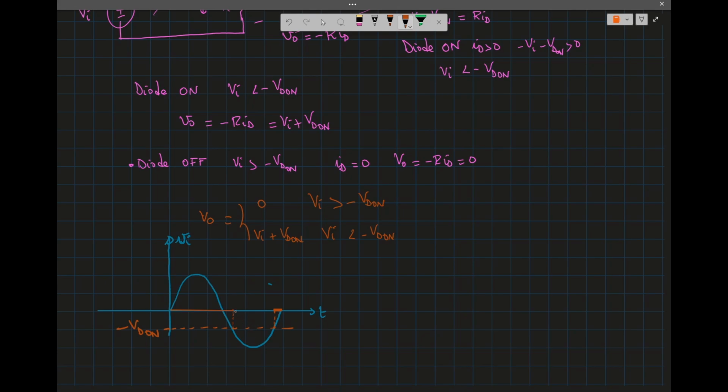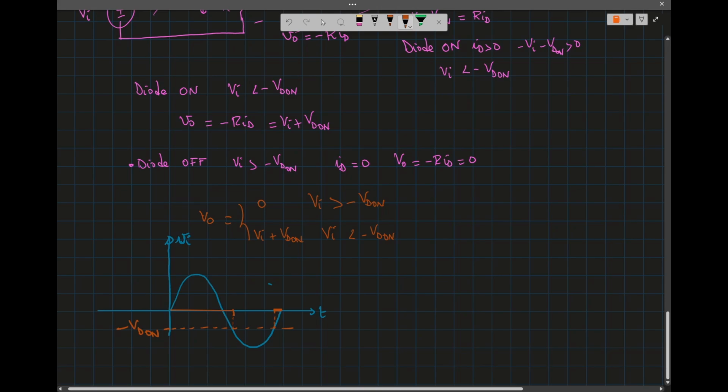So then in this area, the diode will be on, and so here that will be the minus V_max plus V_D(on). So V_D(on) is positive, so the amplitude is slightly less than V_max. Okay, so that is the voltage across the diode over one cycle.